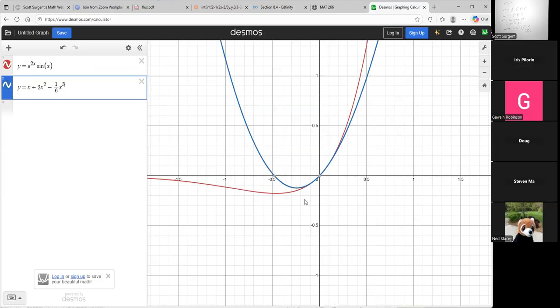That blue graph is conforming to the red graph. That indicates that this is a good conformation. That's the idea, is that this function in the polynomial form approximates this function around x equals 0. If I add on more terms, I'll get more and more conformation. Okay. So that's an indicator that you got it right.